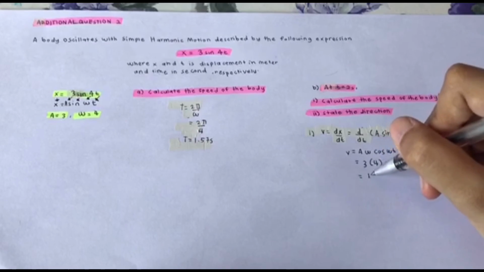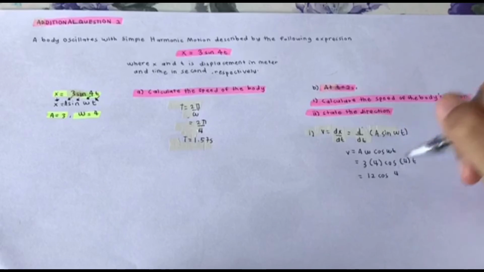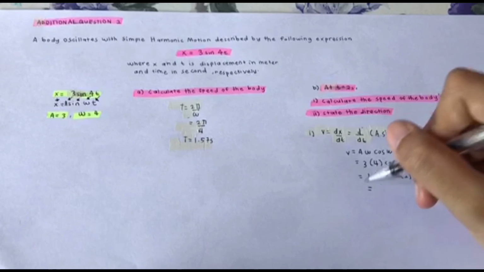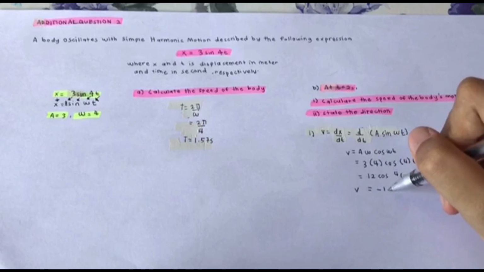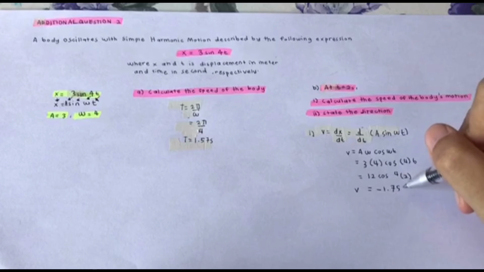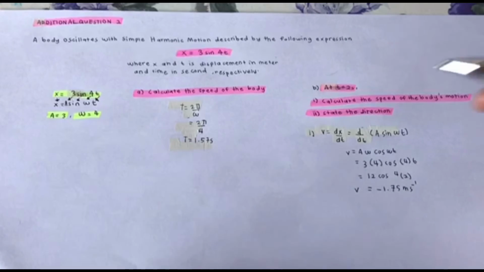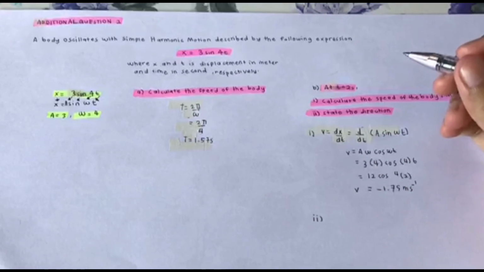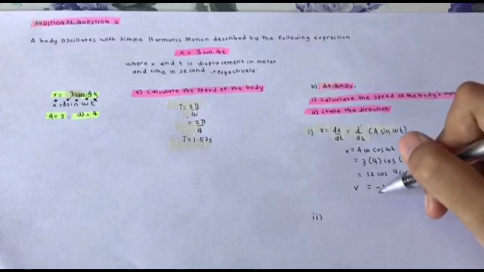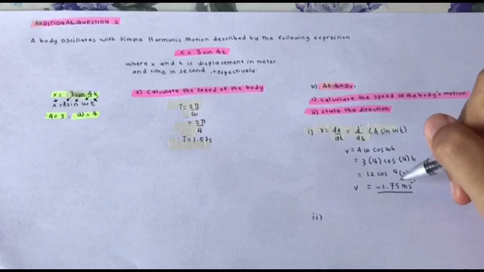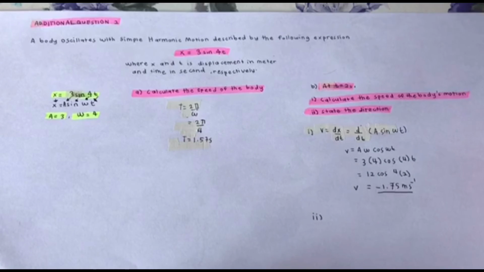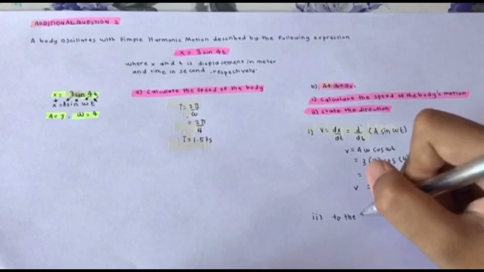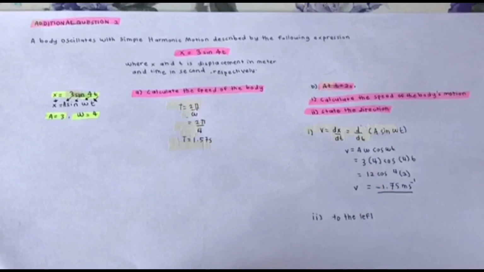Then we get 12 cos 4t at t equals 2. Then we get V equals to negative 1.75 meter per second. So at question 2 in B, we get V equals to negative 1.75. Then the direction of the body motion is to the left. Thank you.